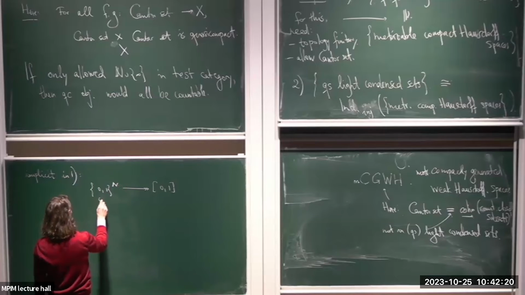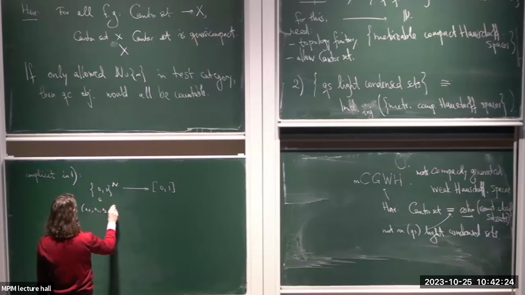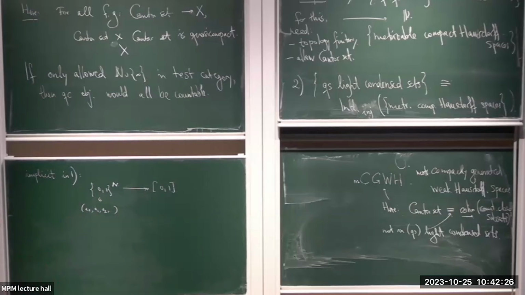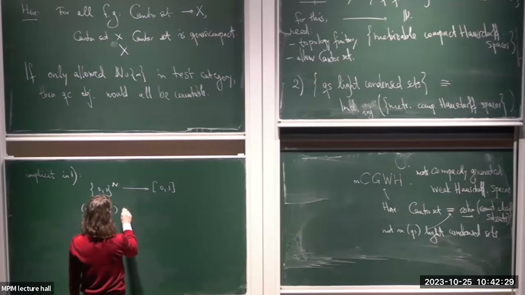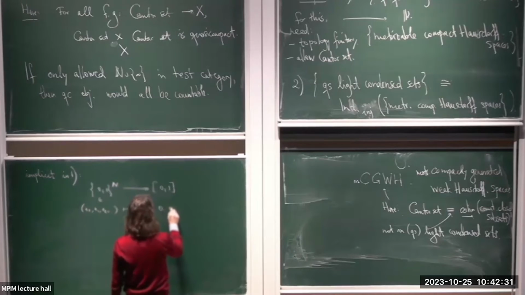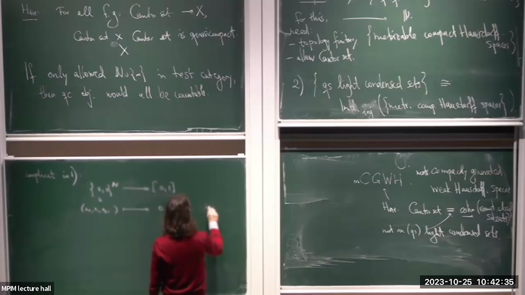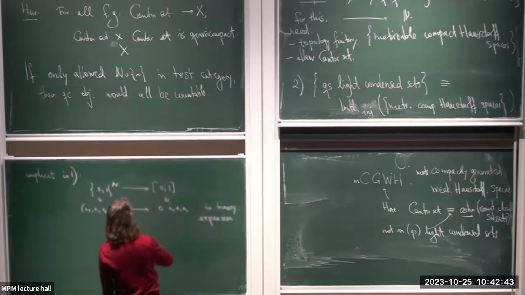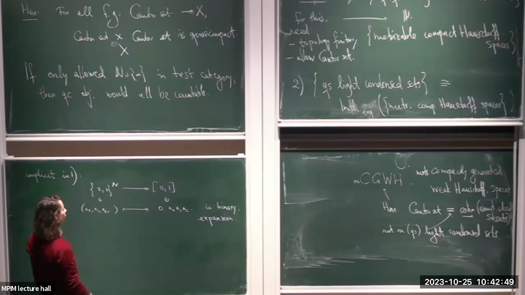If you have a sequence a0, a1, a2 of either zeros or ones, you can send this to the number in binary 0.a0 a1 a2, the binary expansion, which is an element in the interval, and any point in the interval admits such a representation, and so you get this surjective map.